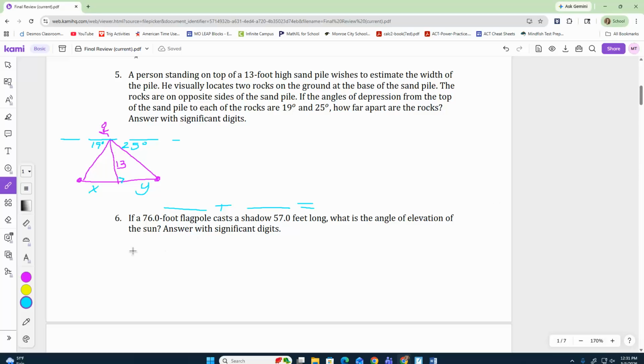What did you do first? We need an angle in the triangle, don't we? If this is 19 degrees, what's the angle in the triangle? So then from there, x is opposite, 13 is adjacent. Which trig function involves opposite and adjacent?